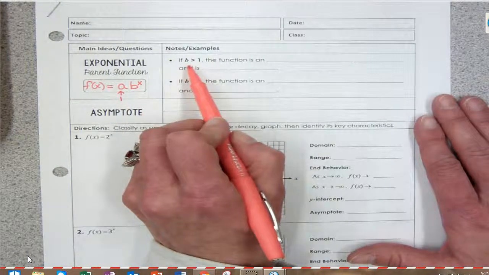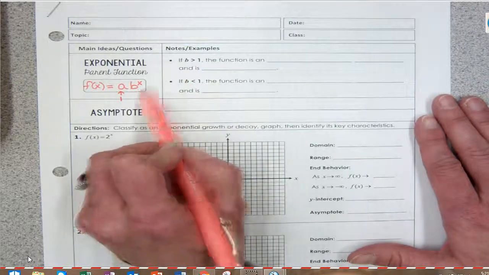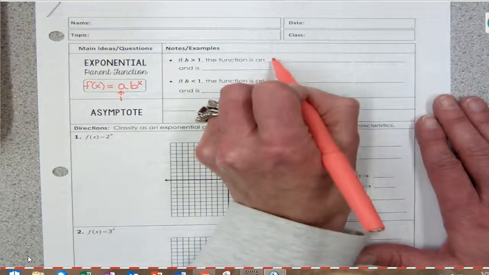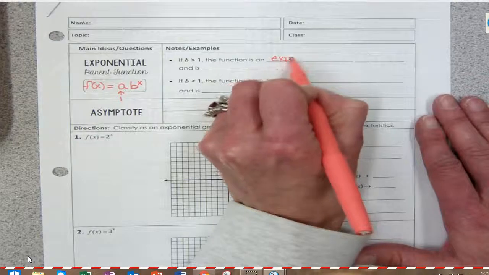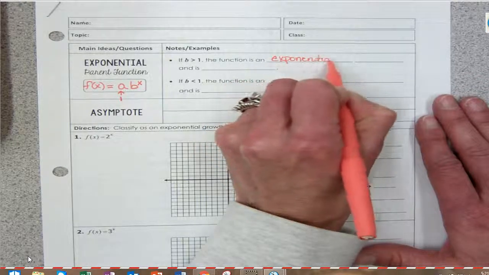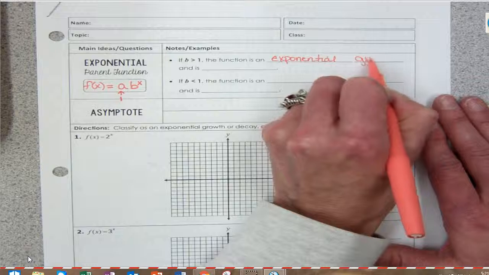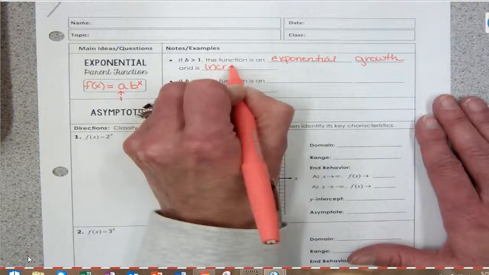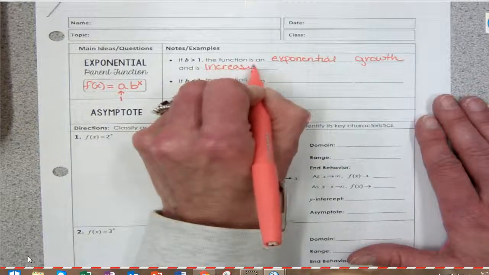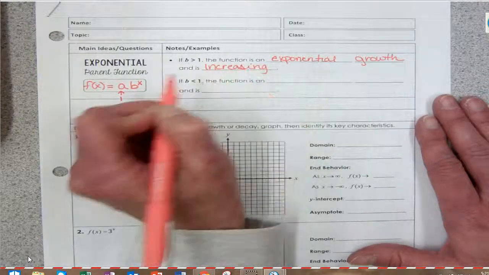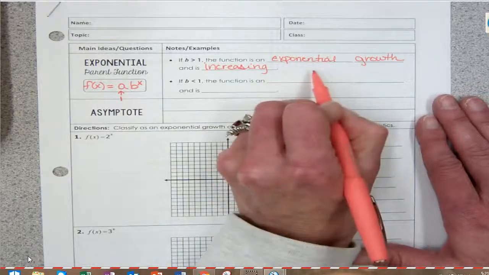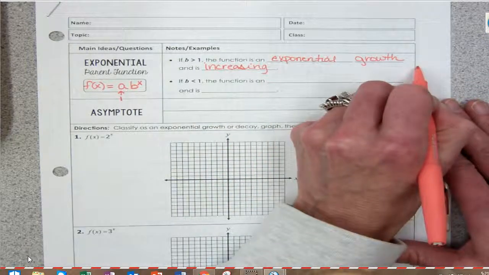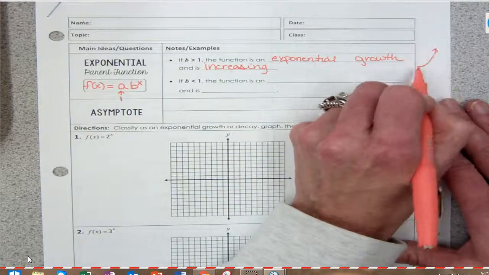So, when the number b is bigger than 1, the function is an exponential growth. And it is increasing. The way that you look at that is you read the graph left to right, and the graph increases.